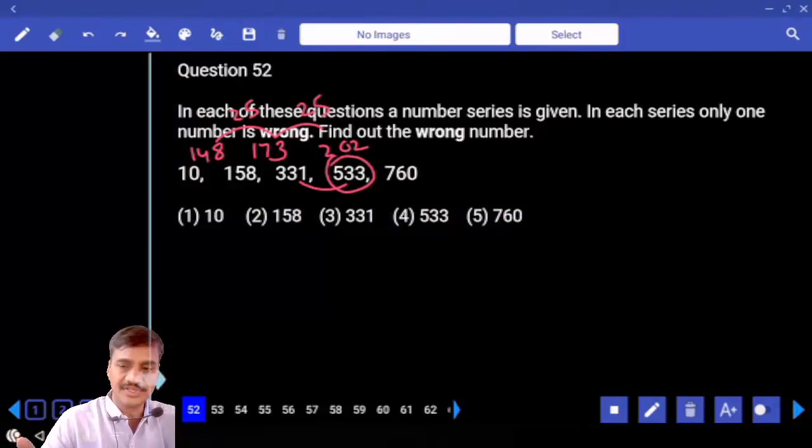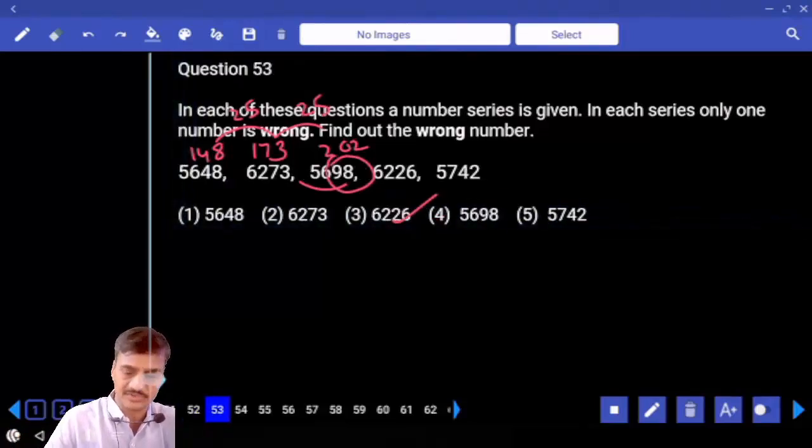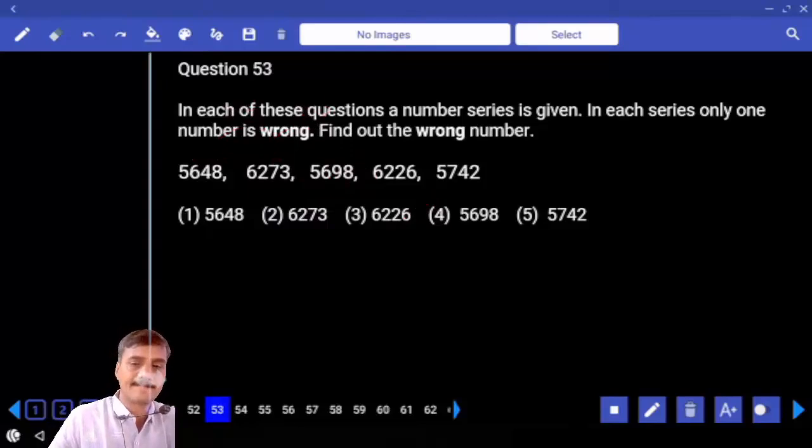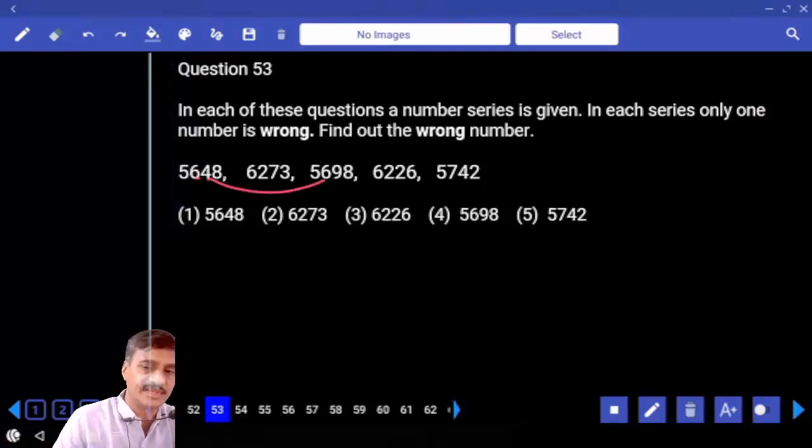Then 533, that is choice 4, question number 52. Then 53 చెప్పండి. As 53, now 5648, 6248. Now ఇక్కడ నుంచి ఇక్కడ check చేసుకుని, the numbers are increasing at a smaller rate. డబుల్ ఎక్కడ అవ్వట్లేదు at least. And alternate తీసుకుని అనుకోండి, 648, 698 difference ఎంత? 48 and 98, 50.